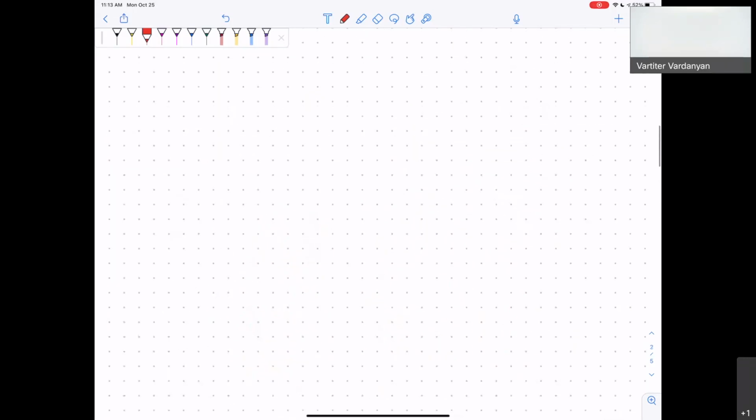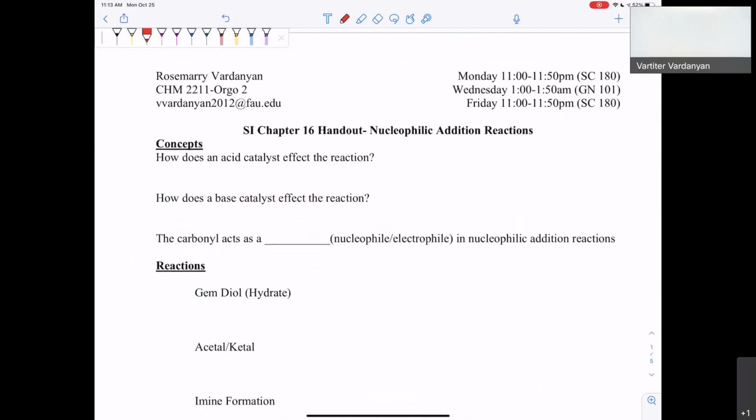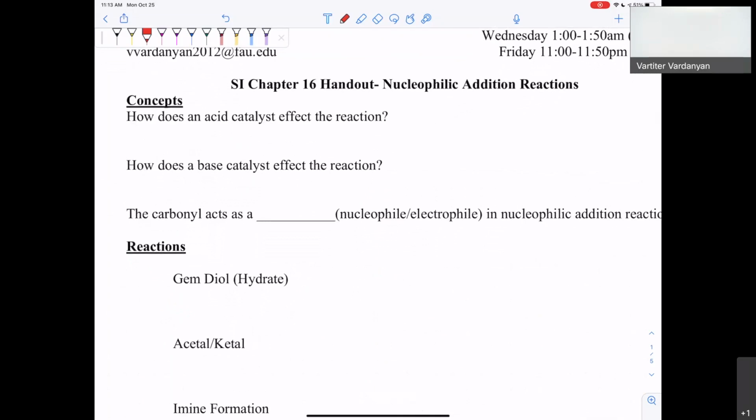So let's go back. Okay. This is the first time I'm going to say this semester, or maybe I've said it before, but I'm going to say it approximately 8 million times before the end of the semester. So please, at some point, write it down. Okay? An acid catalyst affects a reaction by making the electrophile more electrophilic.